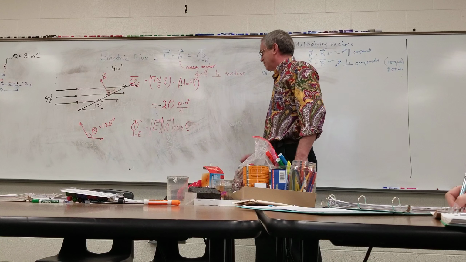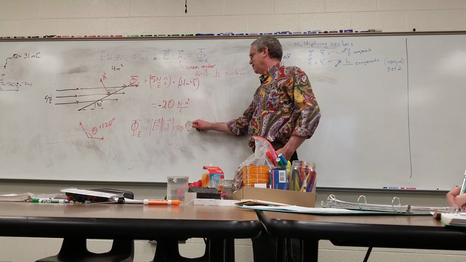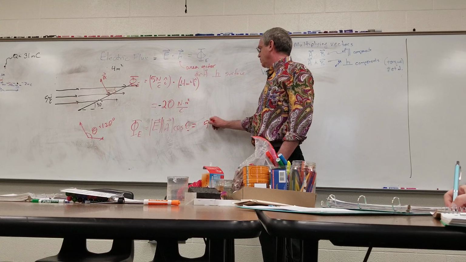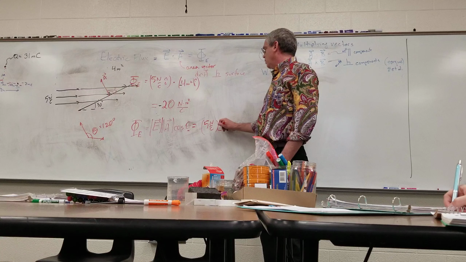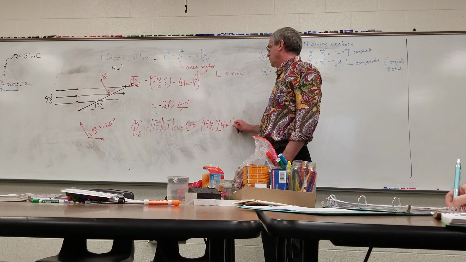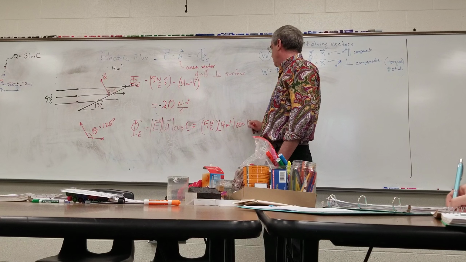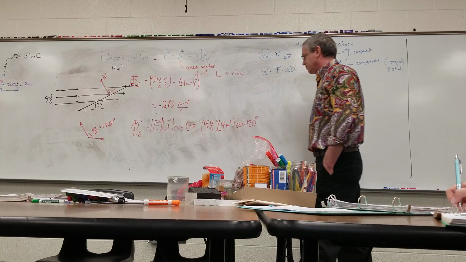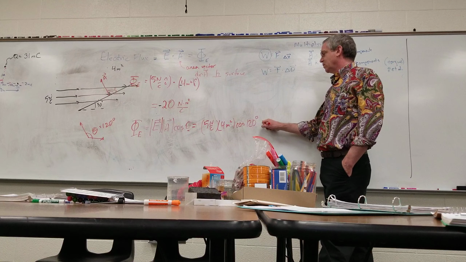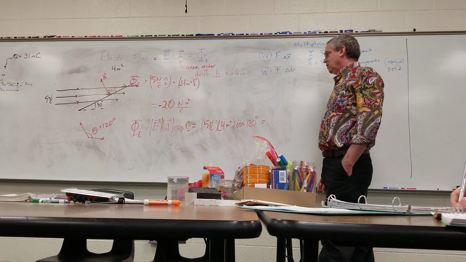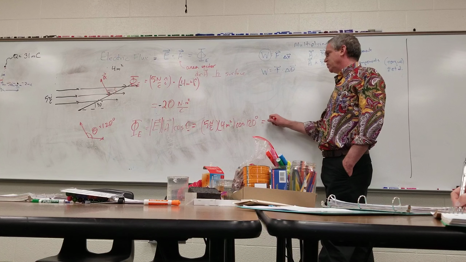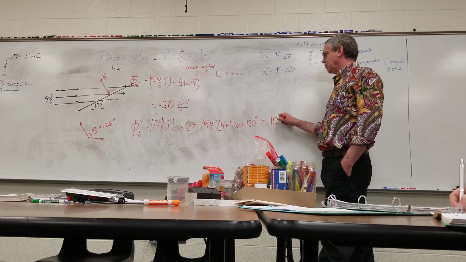All right, so it is 5 newtons per coulomb times 4 meters squared times the cosine of 120 degrees, which puts it at, I believe, negative 10 newton meters per coulomb.